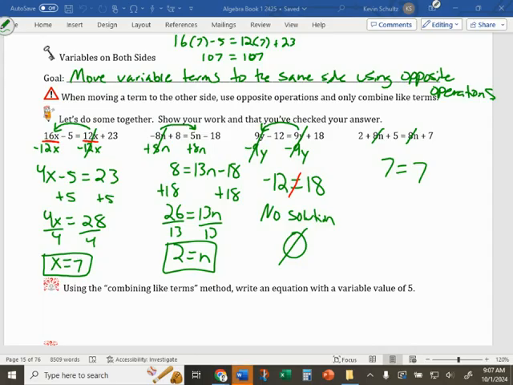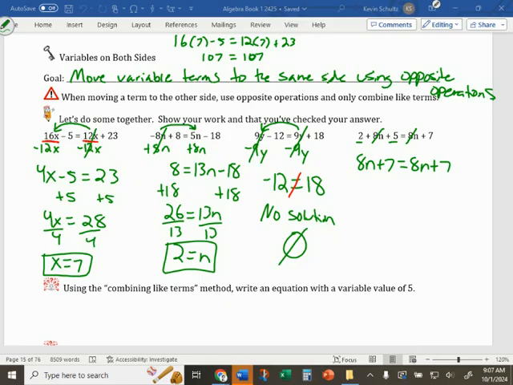When you have a true equation after your variables cancel out, Lucas, what does that mean? N equals anything you want. Anything can work. Think about this. If we simplify this left side by combining 2 and 5, we get 8n plus 7. And on the right side, we already have 8n plus 7.